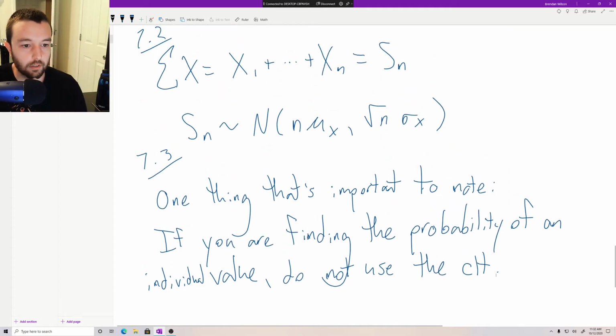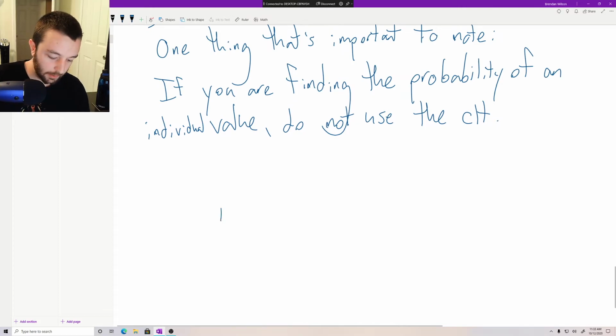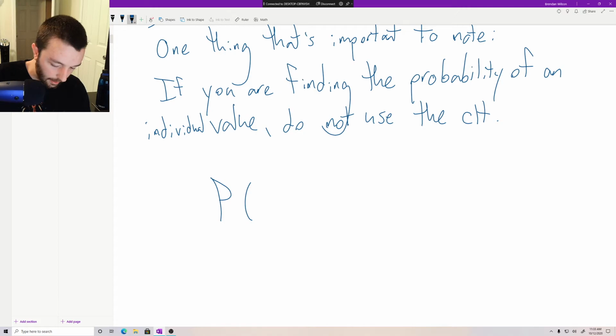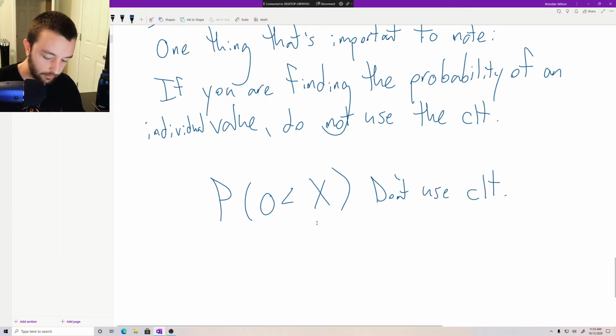So the idea is if we're finding the probability that x is say like bigger than 0, where x is the same as before, we said x could be any distribution, we don't use CLT.